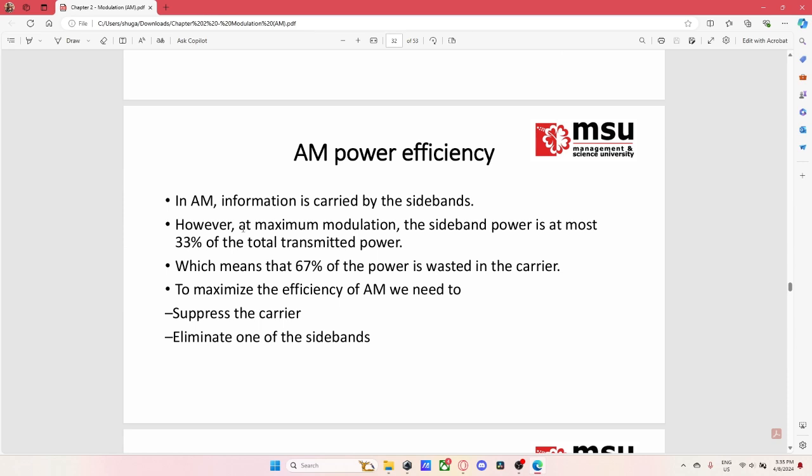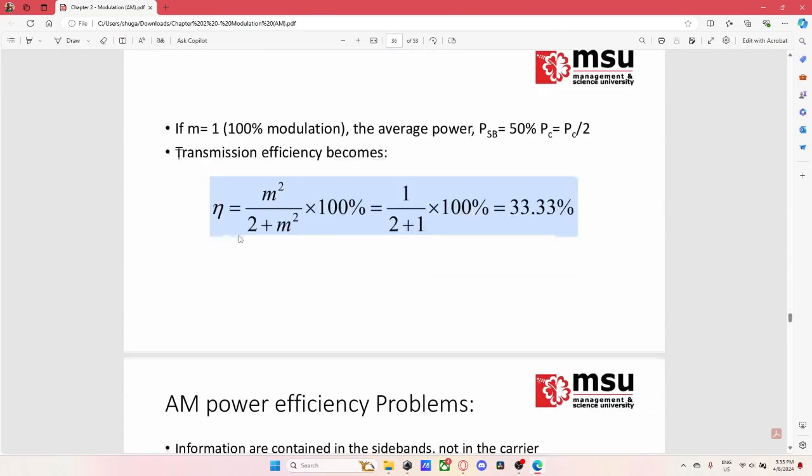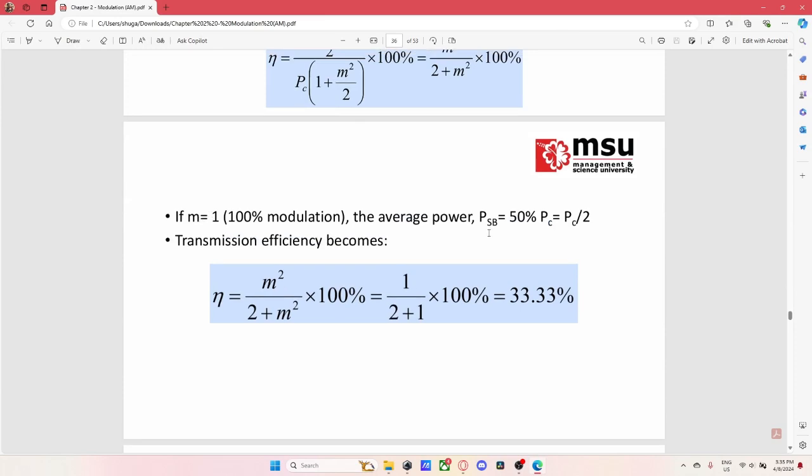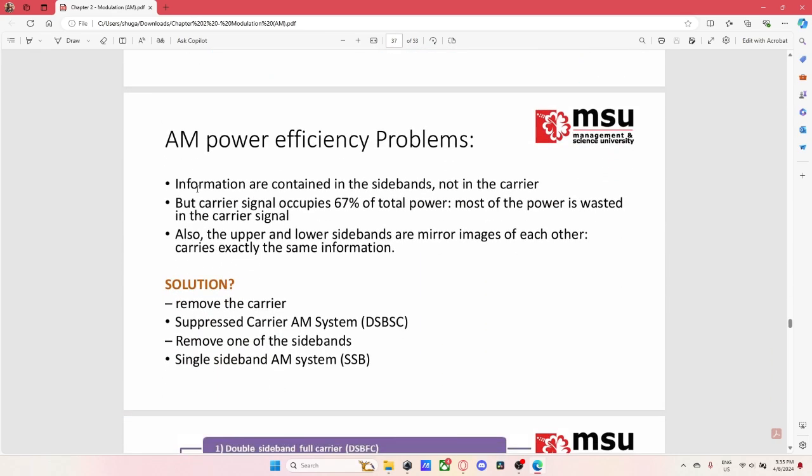However, at maximum modulation, the sideband power is at most 33%. It cannot exceed 33%. Even if M is equal to 1, it cannot be more than 33.33%.